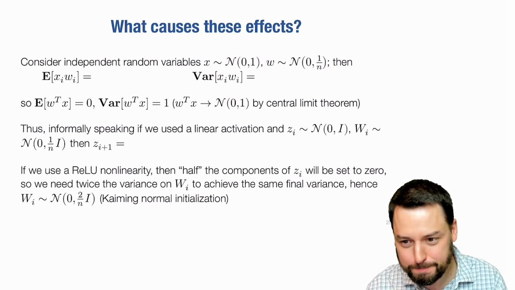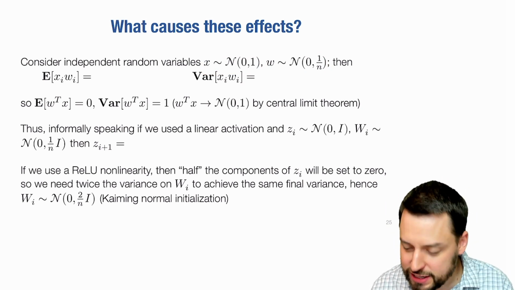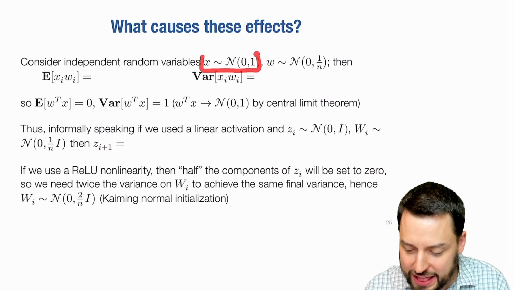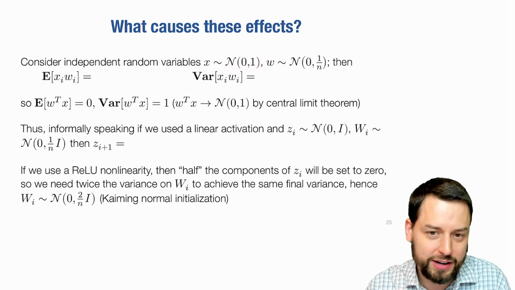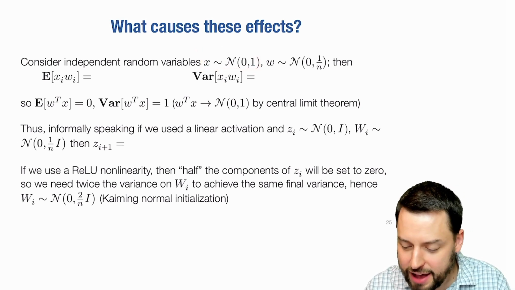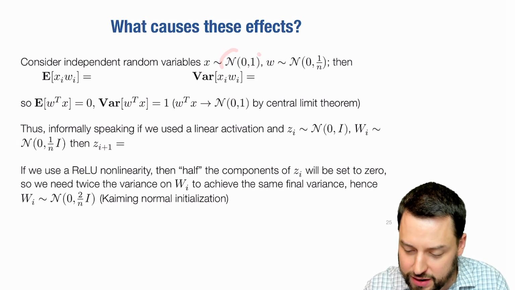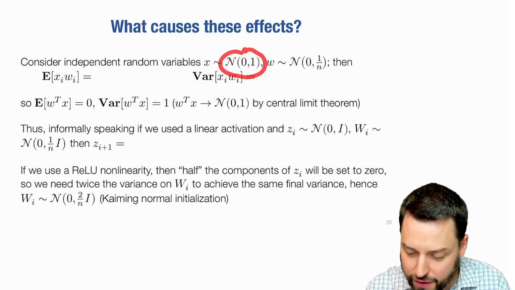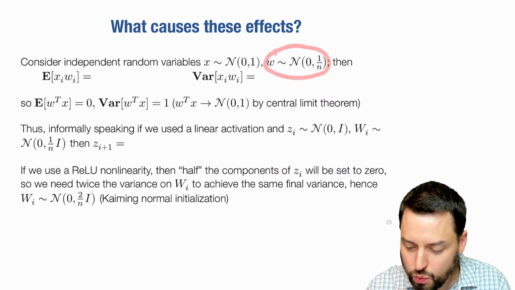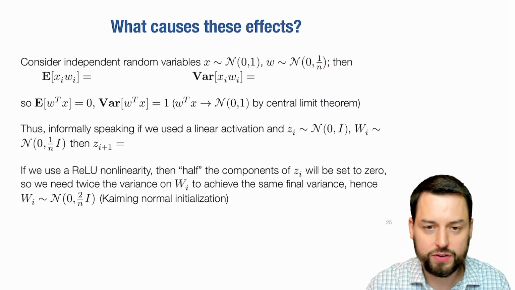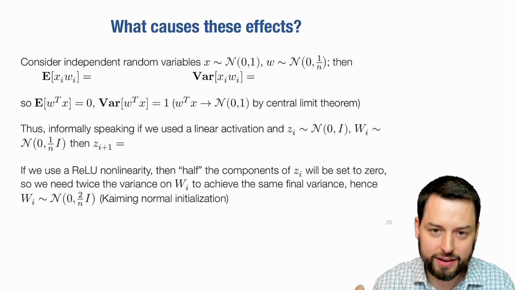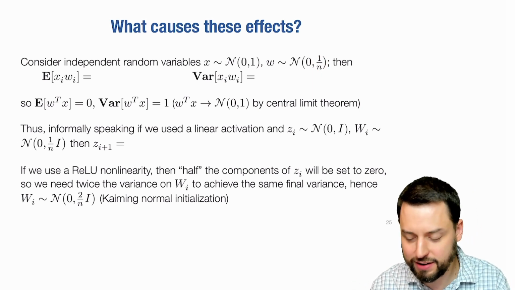First, let's think of our inputs to a layer, which holds for x right now but would hold for later layers too, as being normal with mean 0 and variance 1. And let's think of our weights as being normal with mean 0 and variance 1 over n. This is the 1 over n case, not the 2 over n case, but we'll come back to that in a second.